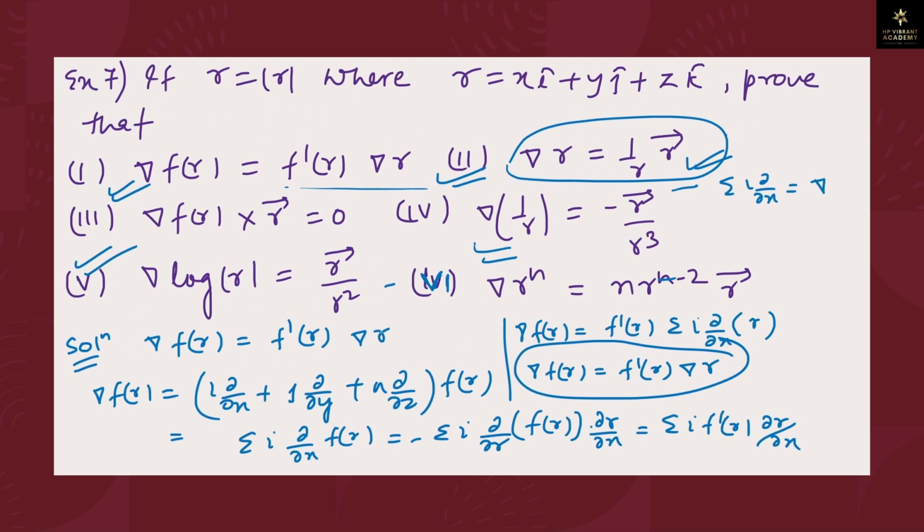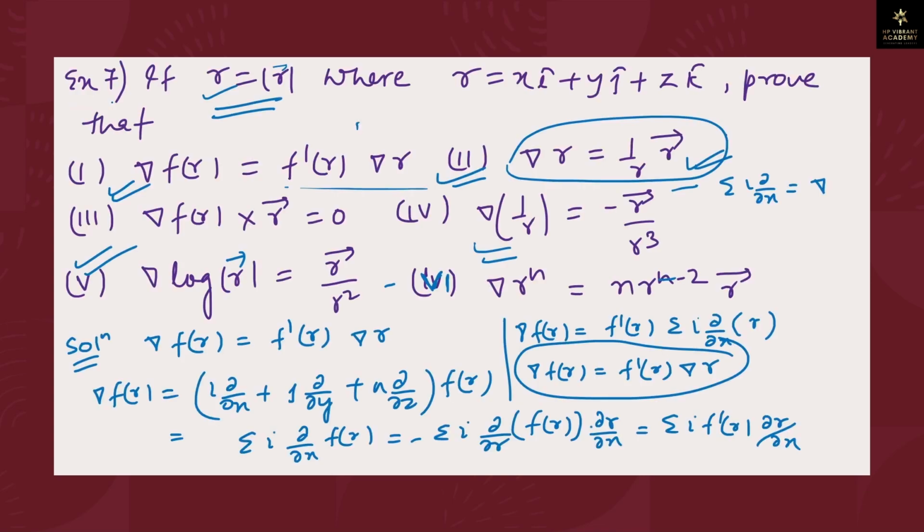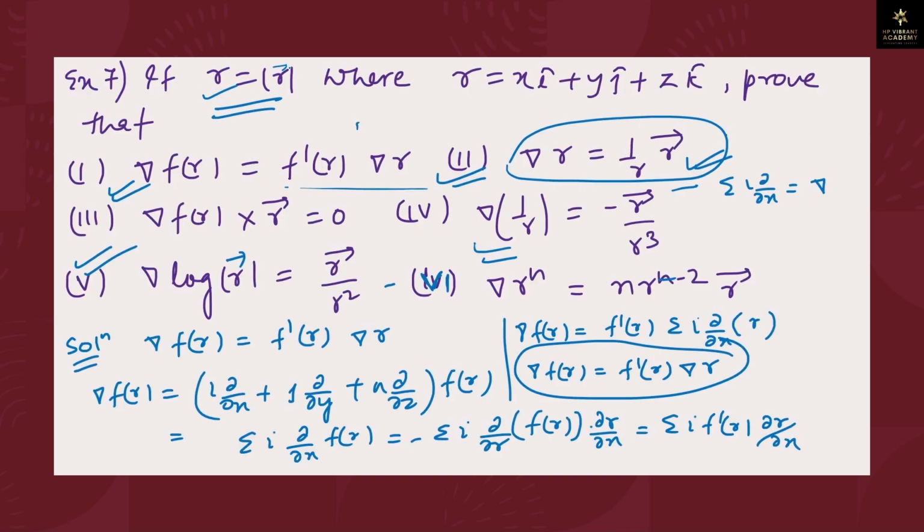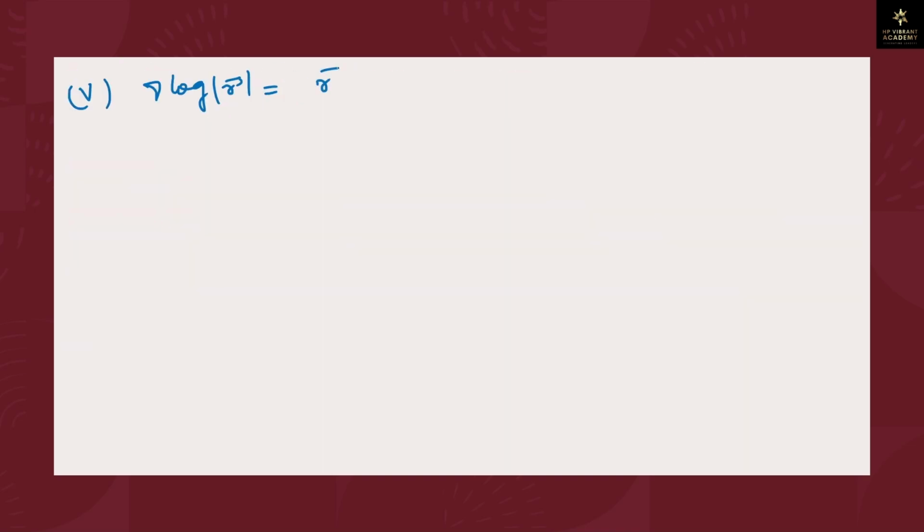Now we have to find part 5. Let us discuss the fifth part. So what is given in the fifth part? In the fifth part we have to show that del of log of modulus of r is equal to r vector upon r square. Okay, in the question it is given that modulus of r is equal to r.